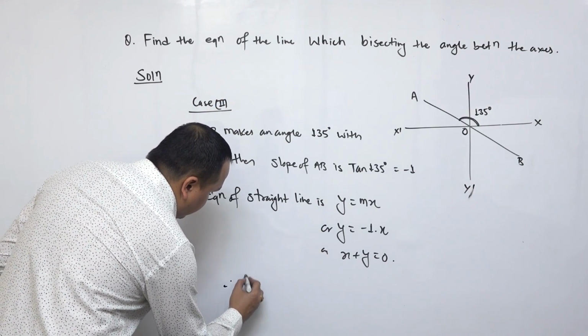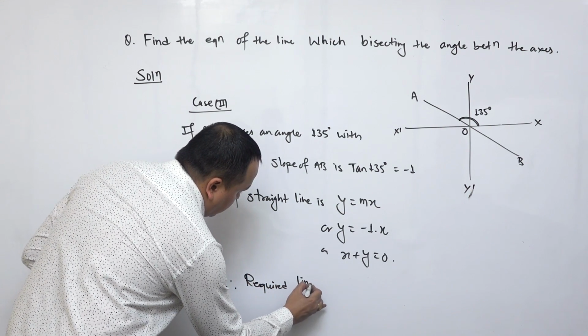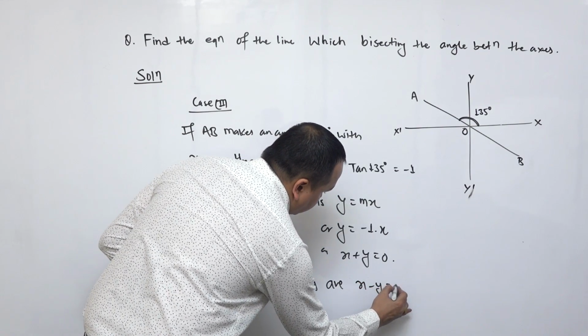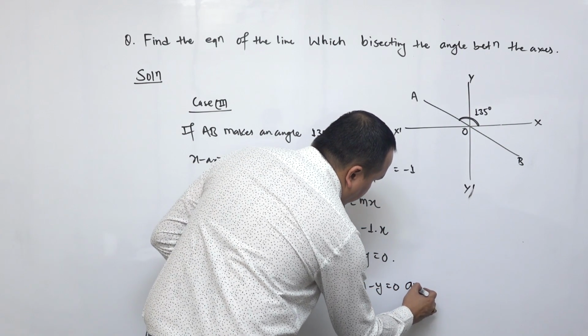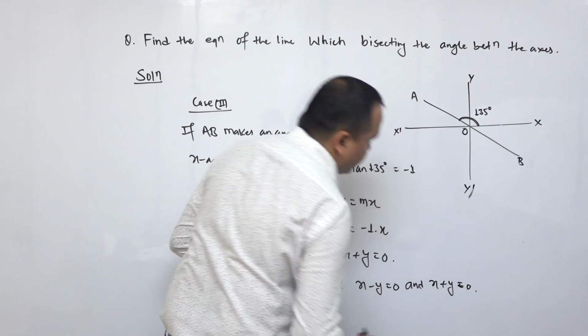Therefore, required lines are x minus y is equal to 0 and x plus y is equal to 0.